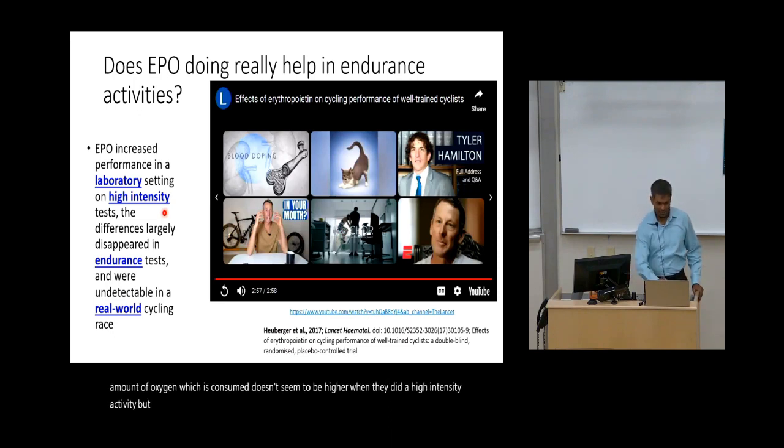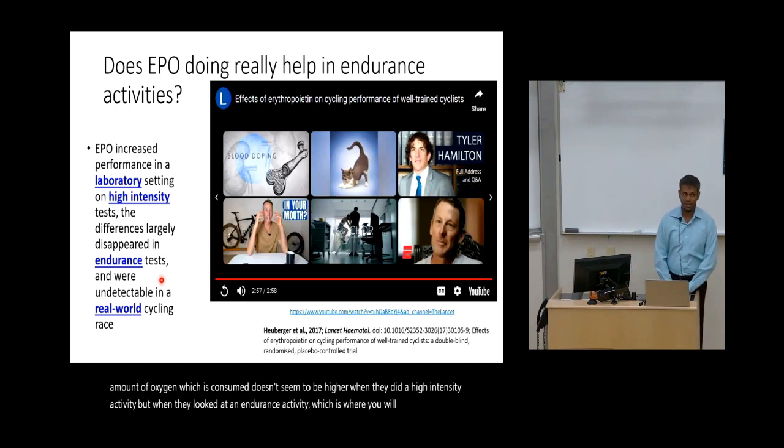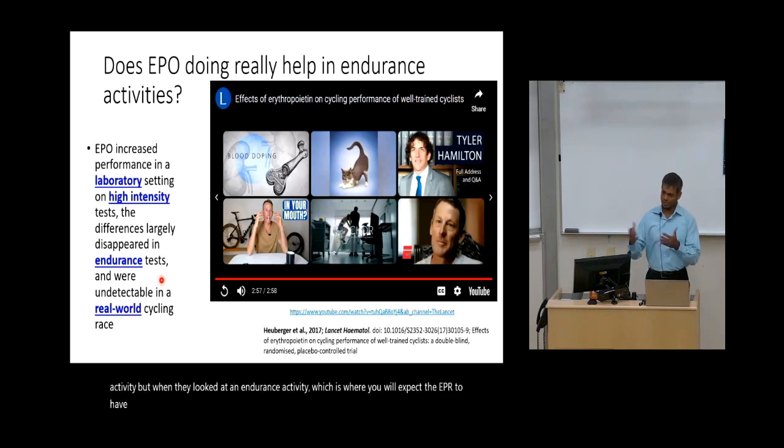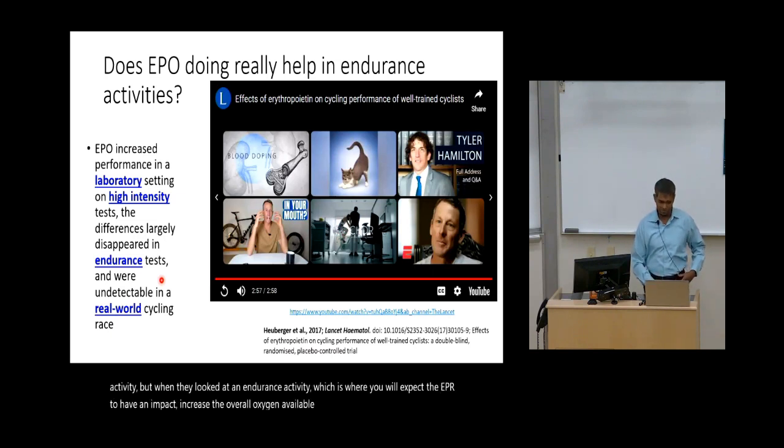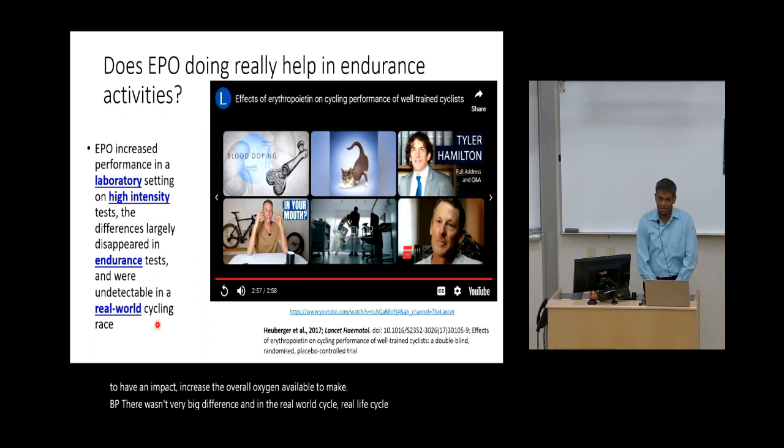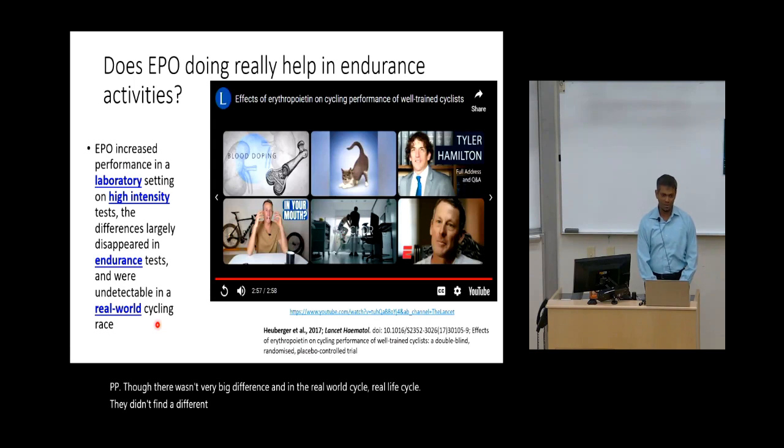But when they looked at an endurance activity, which is where you would expect EPO to have an impact to increase the overall oxygen available to make ATP, there wasn't a very big difference. And in the real-life cycle race, they didn't find a difference between those who used EPO and those who did not.